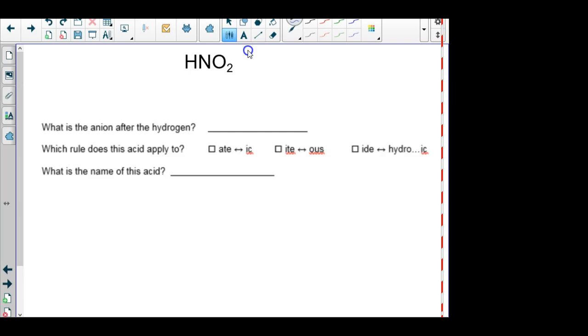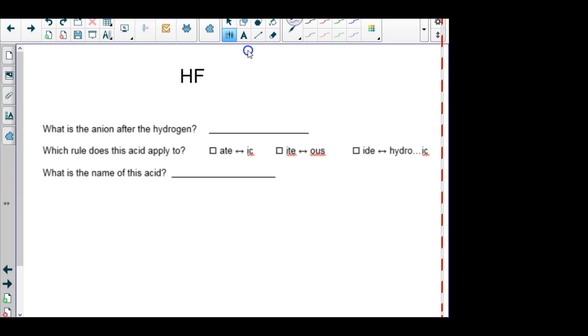Again, I know it's an acid, it starts with hydrogen. Circle the stuff that's after it. I know this is nitrite. You will look these up on your ion sheet. Ite to ous. So this is nitrous acid. Circle the thing after hydrogen.